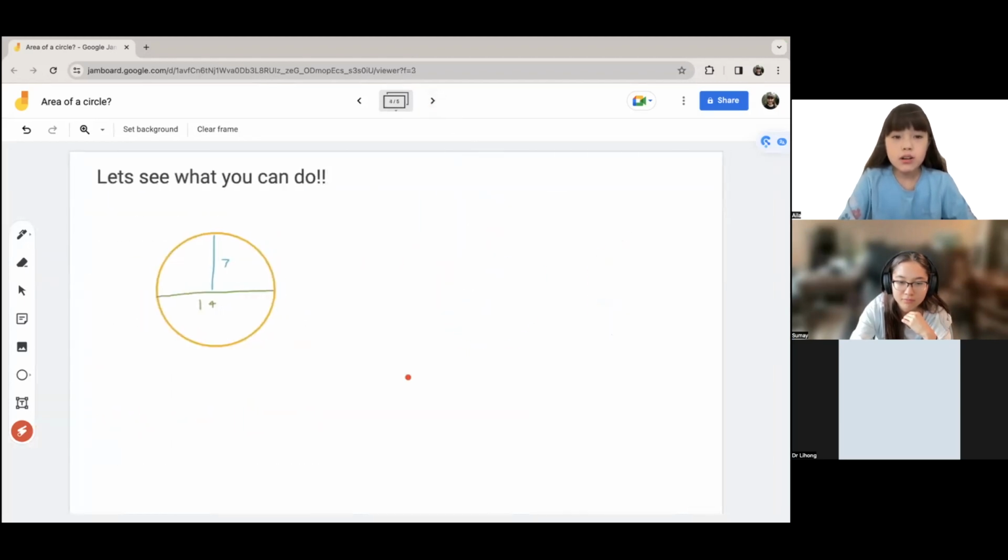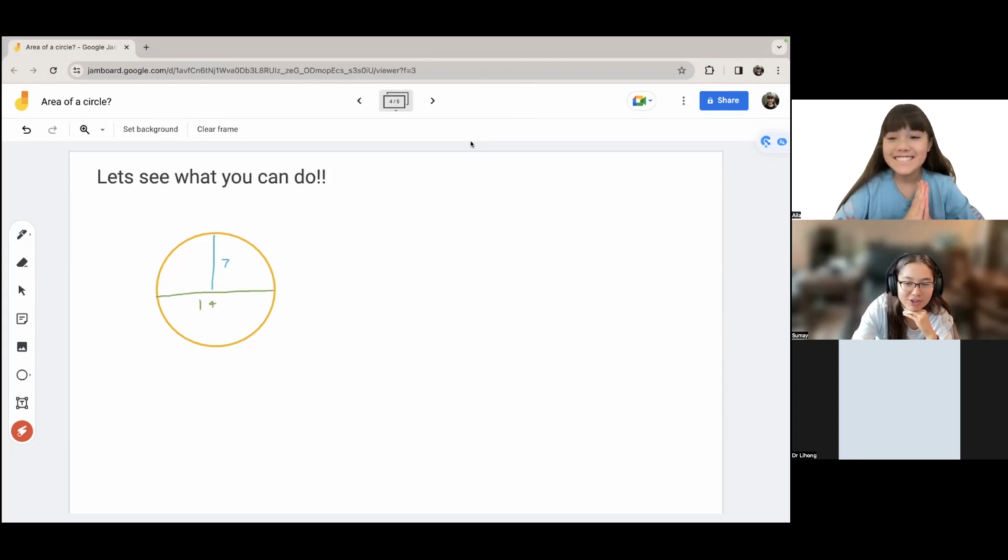So now we can practice. What do you all think is the first step to do here? Remember the formula, pi times the radius squared. So what do we need to do first?